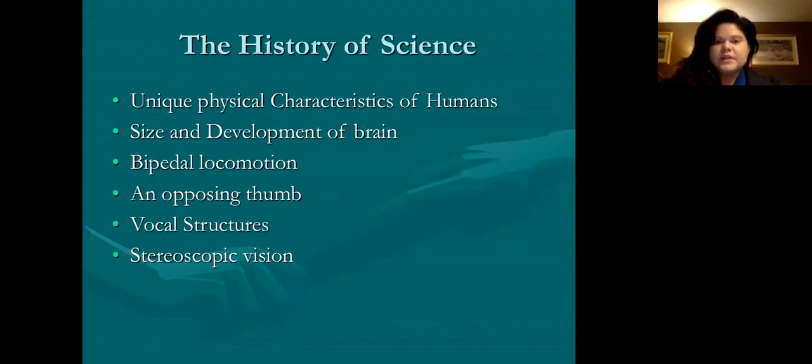We have unique physical characteristics, all humans do. We have a different size and development of our brain. Bipedal locomotion is potentially specific, opposing thumbs, vocal structures, and stereoscopic vision as well.